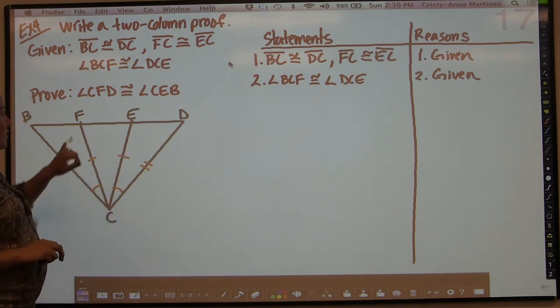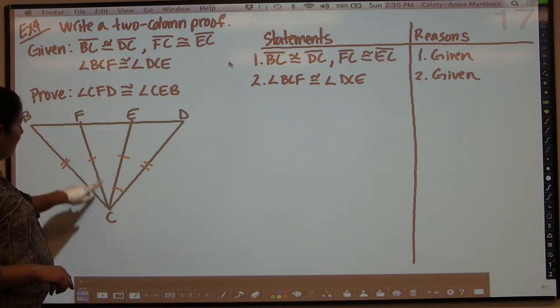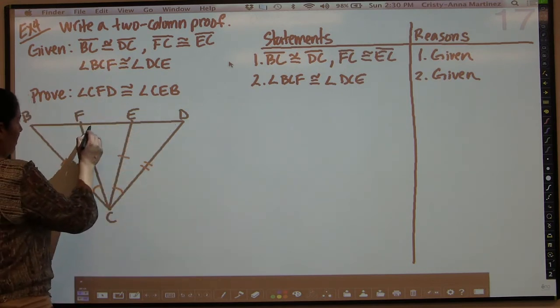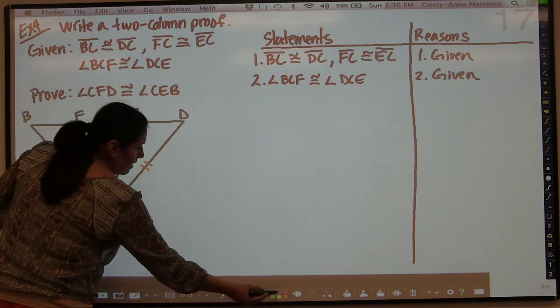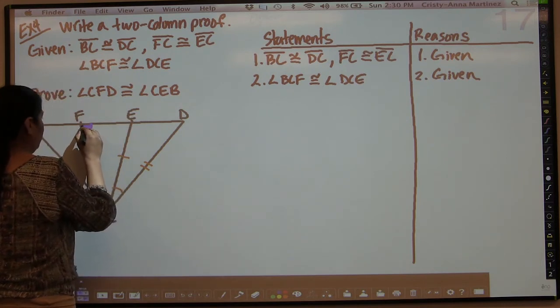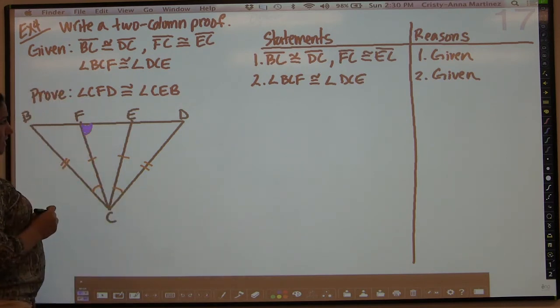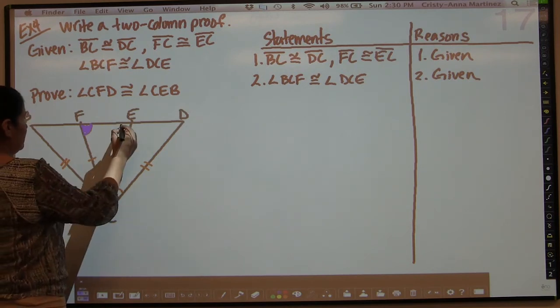And eventually, if you can see here, it says prove angle CFD. CFD is this angle right here. I probably want to put that in a different color because we haven't proved it yet. But there's CFD is congruent to CEB, and CEB is this angle here.